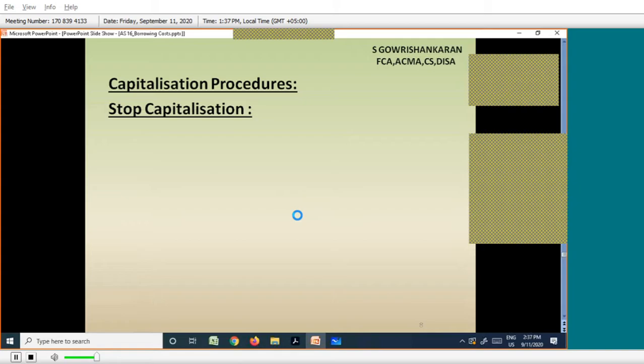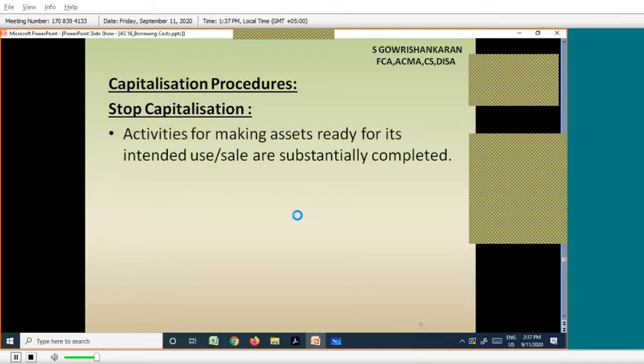Stop capitalization of what? Capitalization of interest, capitalization of borrowing cost. That is stop capitalization. When should I stop? If you completed the building construction, if the asset is available, ready for use, then you can stop. That's what is explained here.